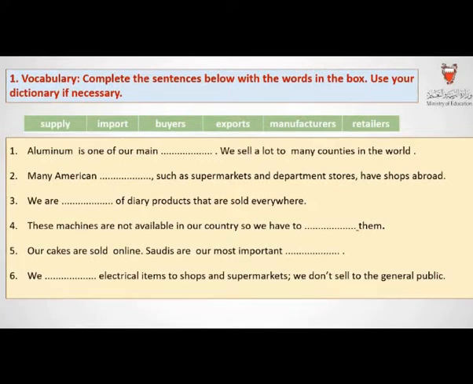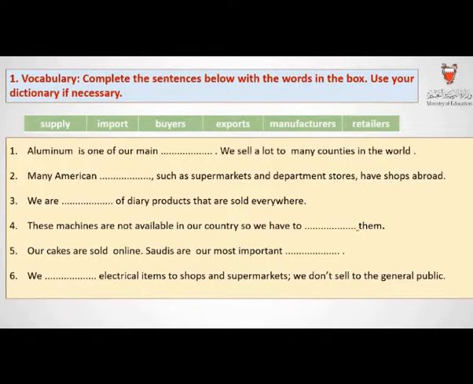We have Ajlan, Isa Ajlan, Ramadan. So number 1 is exports, retailers, manufacturers, imports, buyers, and supply. Ali Mukhtar Mansour, we have number 1, exports, retailers, manufacturers, import, buyers, and finally supply.